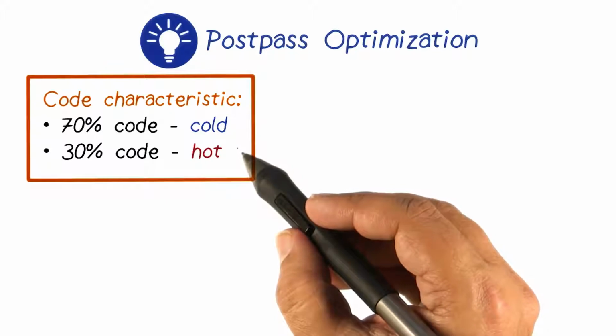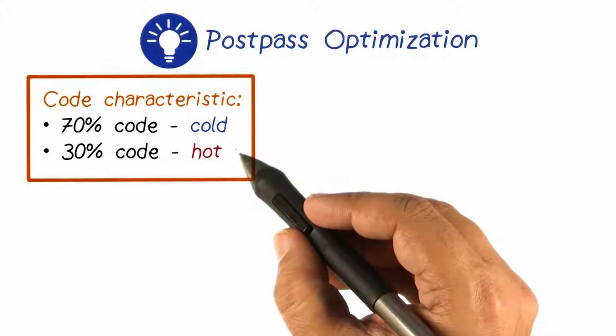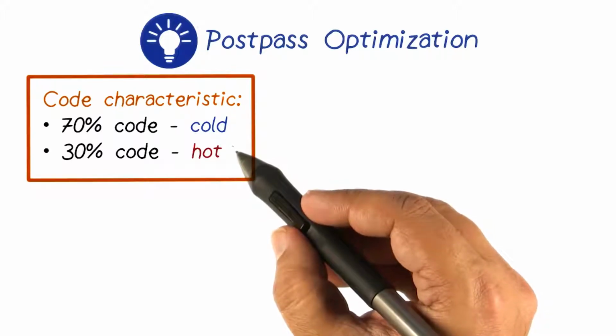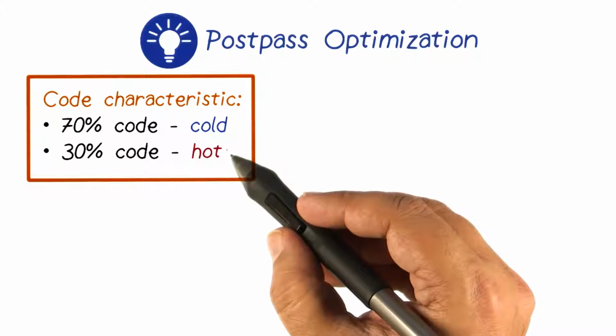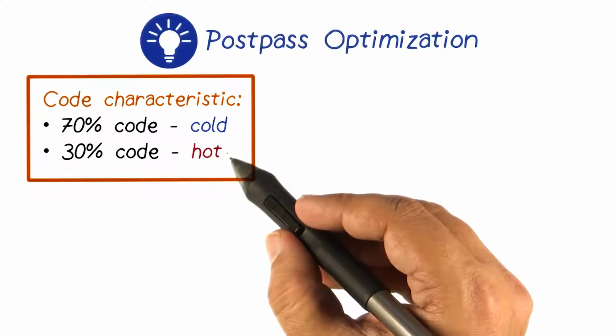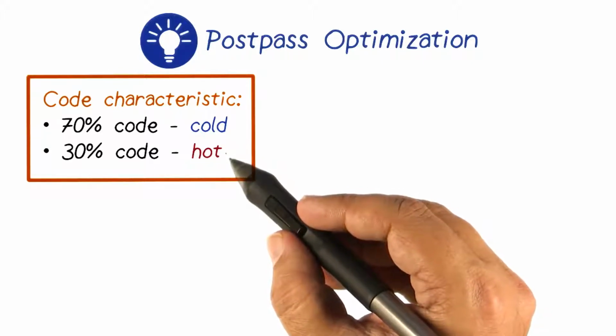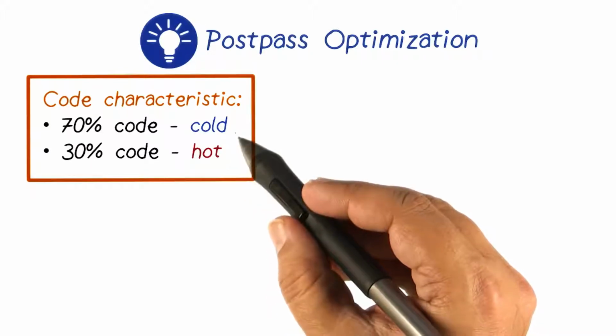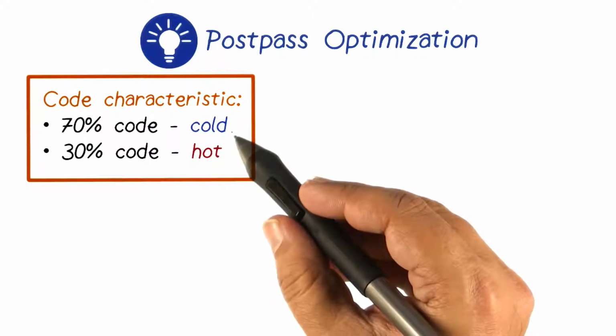So this is a profile-based approach in which we are going to execute the code, find out which of the paths are hot and which of the paths are cold. After doing profiling, we find that typically 30% of the code is hot. In other words, it's very frequently executed. Whereas 70% of the code is cold, is rarely executed or infrequently executed.